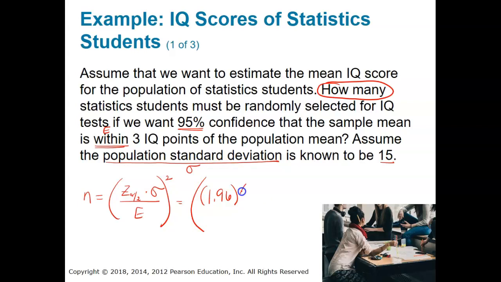My population standard deviation is 15. My margin of error is 3. We do not move a decimal with these because it's not a percent, it's an IQ score. And then we're going to square that. So I get 96.04. And even though that's just barely above 96, we still round it up to 97.